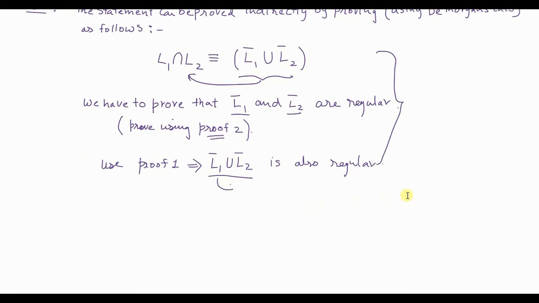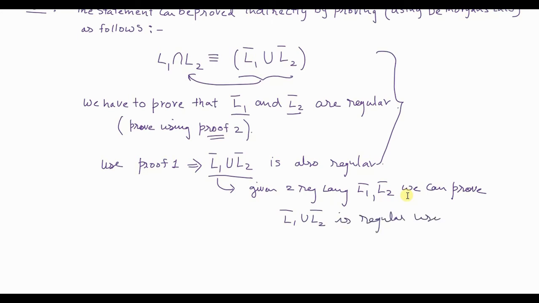Then you can say the statement of proof number 1 will be given two regular languages L1 bar, L2 bar, we can prove that L1 bar union L2 bar is regular using the following method.